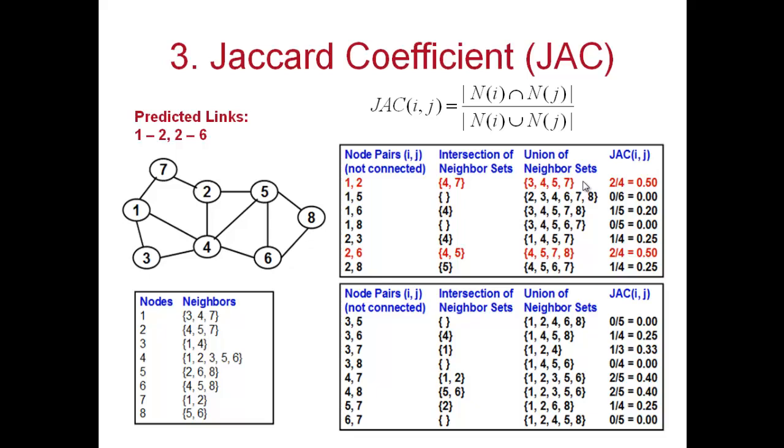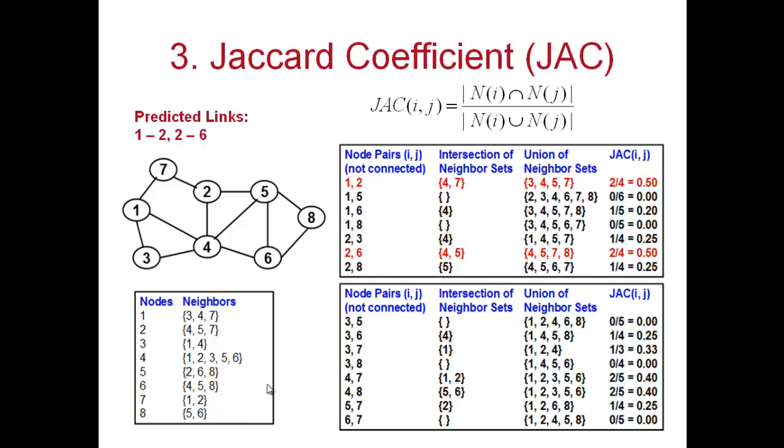Now do such an analysis for all the node pairs. Say for example 1, 5. This is the neighbor set for 1, and for 5 you have 2, 6, 8. It's clear that they don't have anything in common. 3 is not here, 4 is not here, 7 is not here. So the intersection of the neighbor sets is 0.